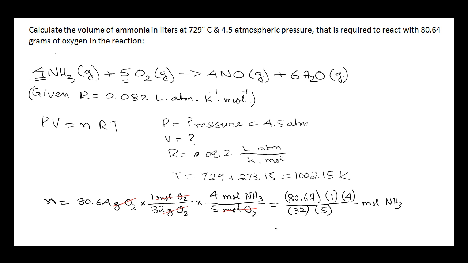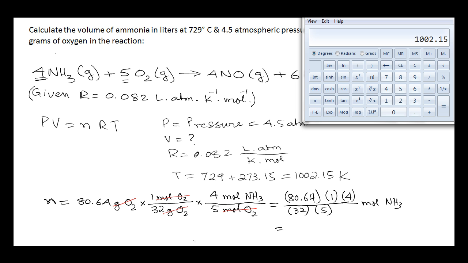So let me do this calculation. Let's get the calculator and clear up the first one. So we have 80.64 times 1, which is going to be the same, times 4, then divided by, let me put that in the parentheses, 32 times 5, close the parenthesis, and that is equal to 2.016.